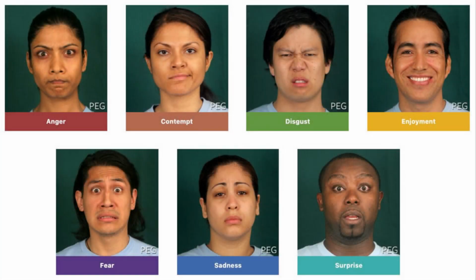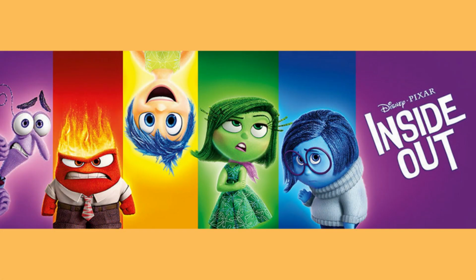According to psychologist Dr. Paul Ekman, there are 7 universal facial expressions of emotions: anger, contempt, disgust, enjoyment or happiness, fear, sadness, and surprise. In Disney's movie Inside Out, 5 of these emotions are portrayed as cartoon characters.